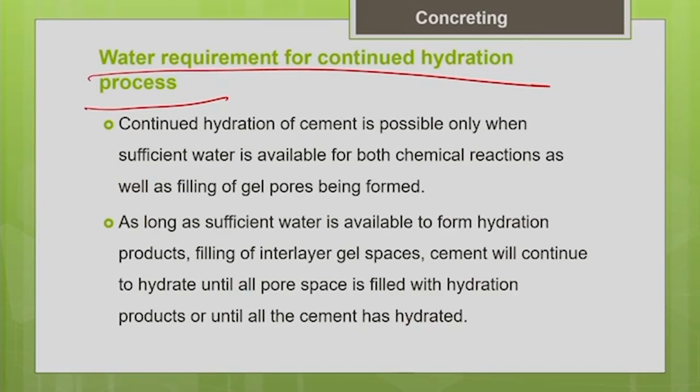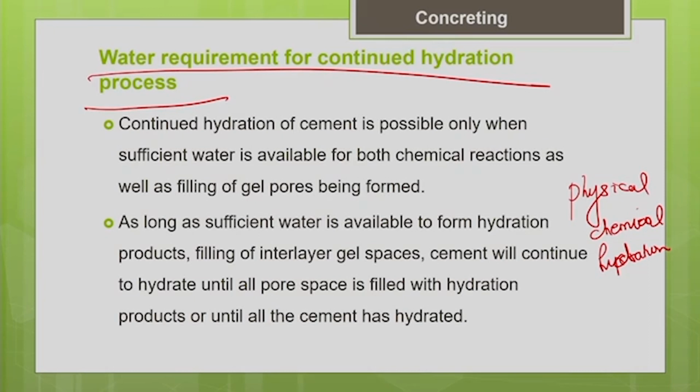The hydration process occurs in different forms: physical hydration and chemical hydration. Chemical hydration everyone will be knowing. Chemical hydration is the water needed for the reaction of your cement compounds with the water to form the hydration products.